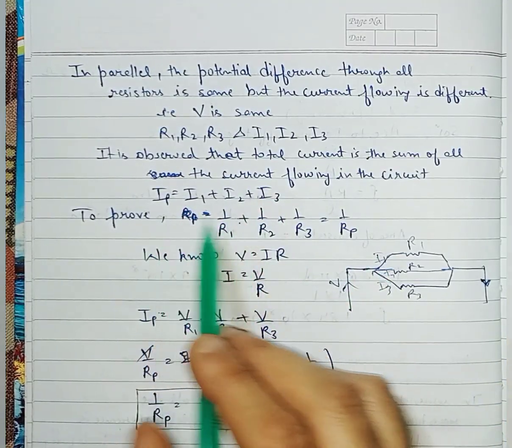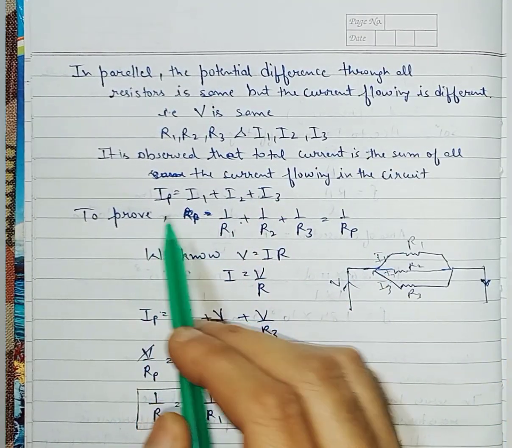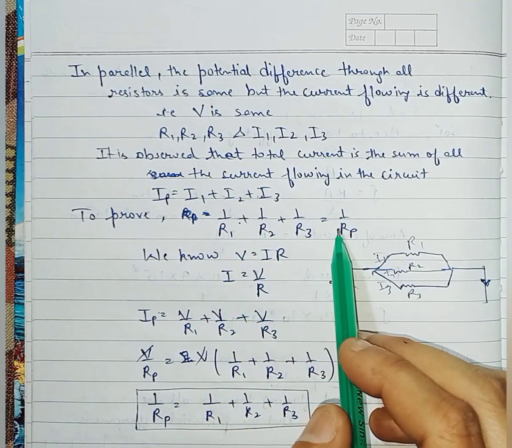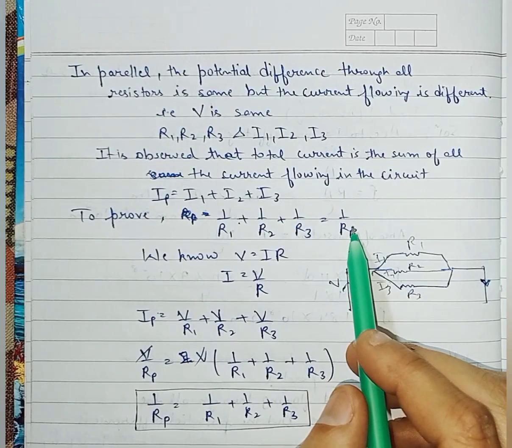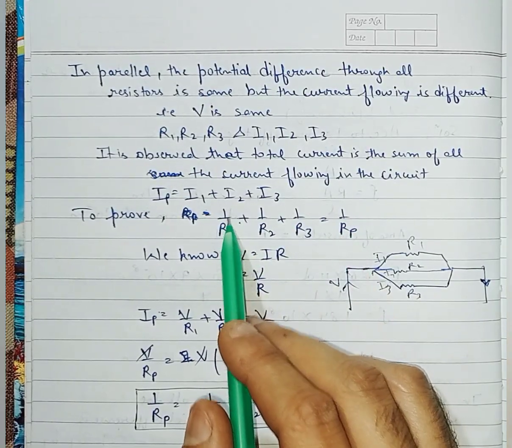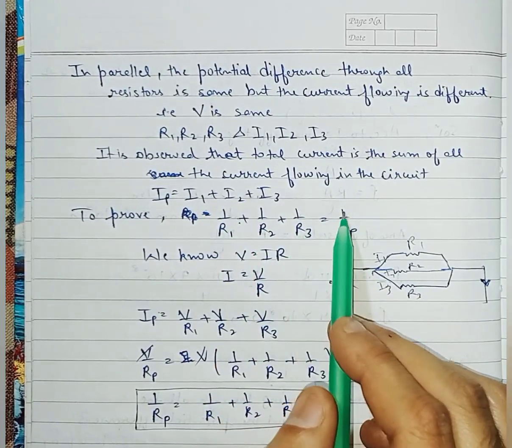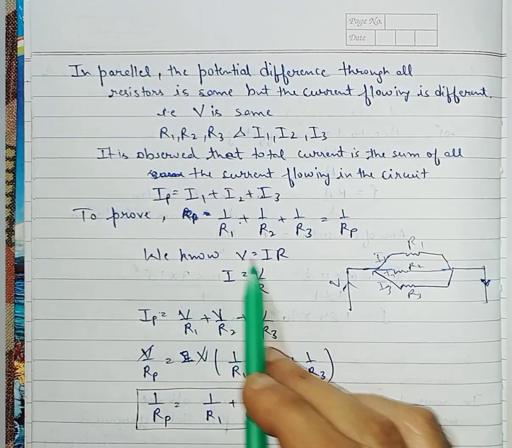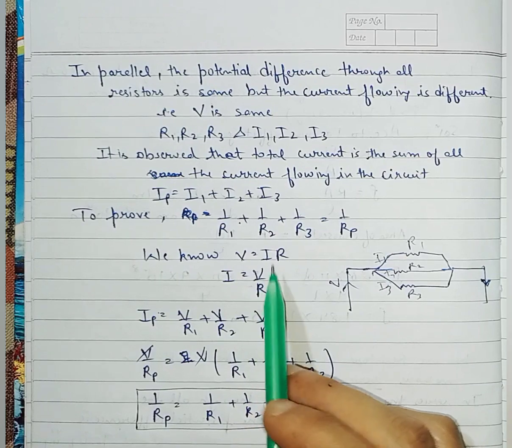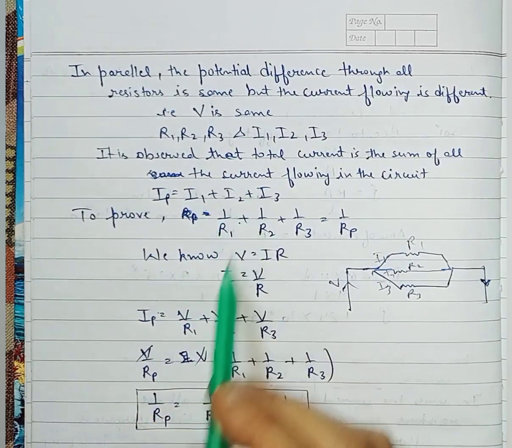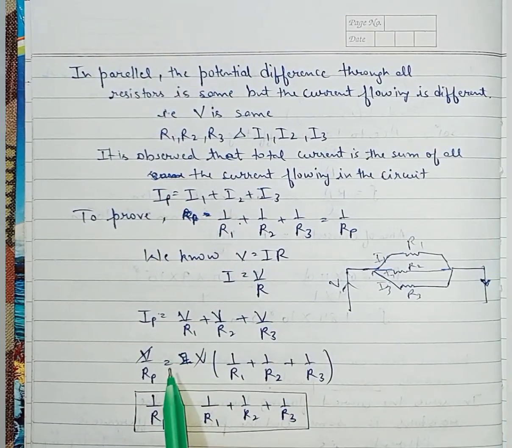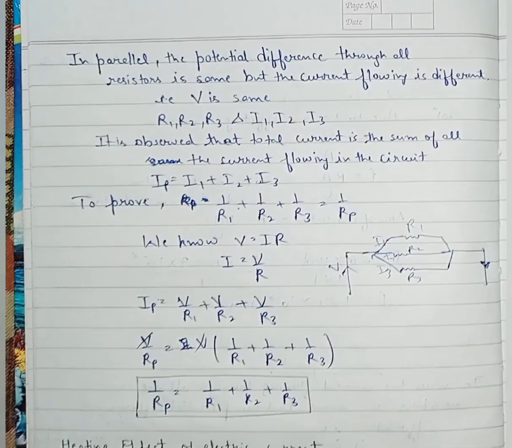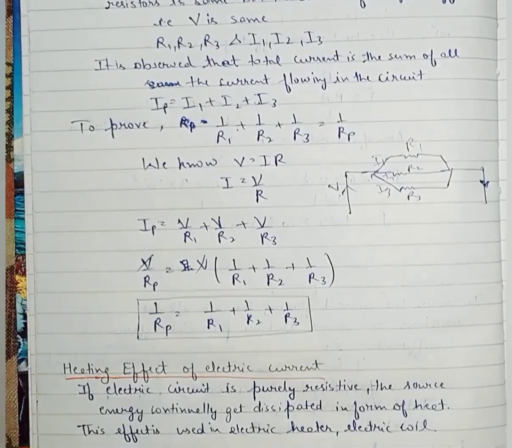Now to prove that, in parallel, the resistance of this circuit is given by the reciprocal form: 1 by R1 plus 1 by R2 plus 1 by R3 is equal to 1 by RP. To prove that, we know that V equals IR, so I equals V by R. The total current is I1 plus I2 plus I3, so we put in the values: I equals V by R1 plus V by R2 plus V by R3.